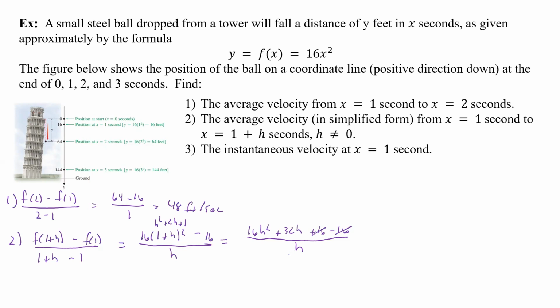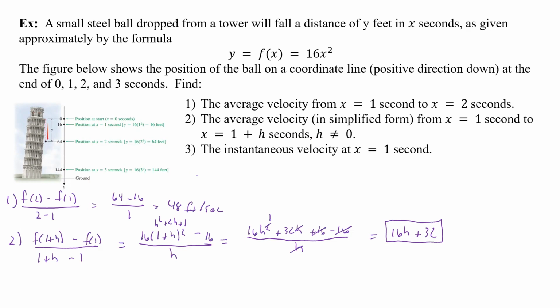Now the h can go into those, so h cancels one of those in each term. And so we have 16h plus 32. That's our average velocity in simplified form, reduced as much as possible, when we go from x equals 1 second to x equals 1 plus h seconds. Okay, so that would be our answer for this one.